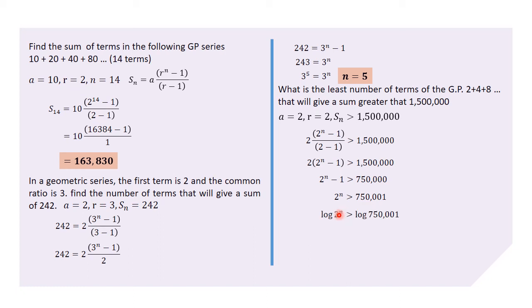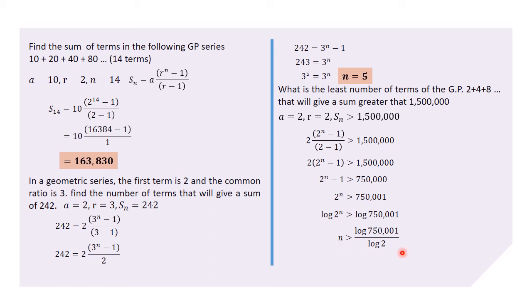According to one of the laws of logarithms, we can write this as n log 2. We then divide both sides by log 2, in which case we have the log of 750,001 divided by log 2 is less than n, or n is greater than that.